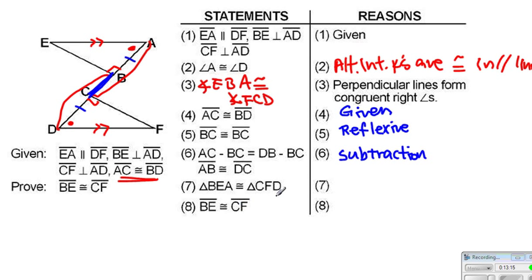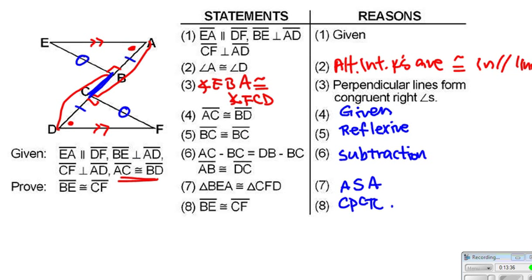Then we realize those two triangles are congruent by angle side angle. And BE is congruent, which is this portion of the line segment, and CF is also congruent because of this portion. Then we end up getting CPCTC.